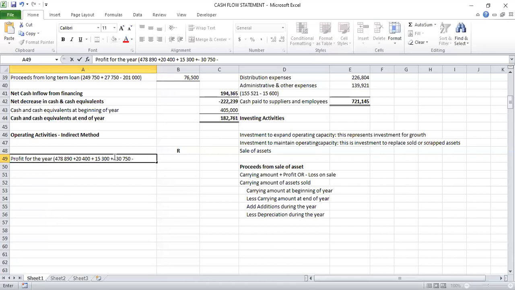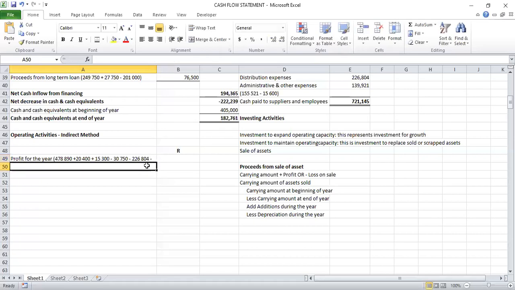This one is minus 226,804. These are the expenses. Minus 8550, minus 155521, minus 91035.